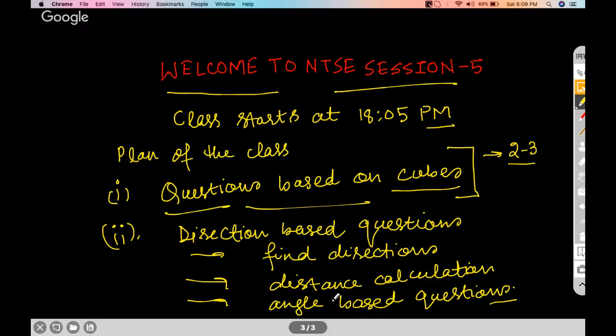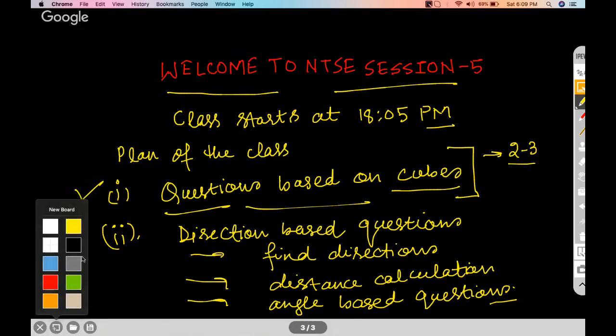Now I'm starting with the first type of questions, which is questions based on cubes. Now please try to understand what I mean by questions based on cubes.